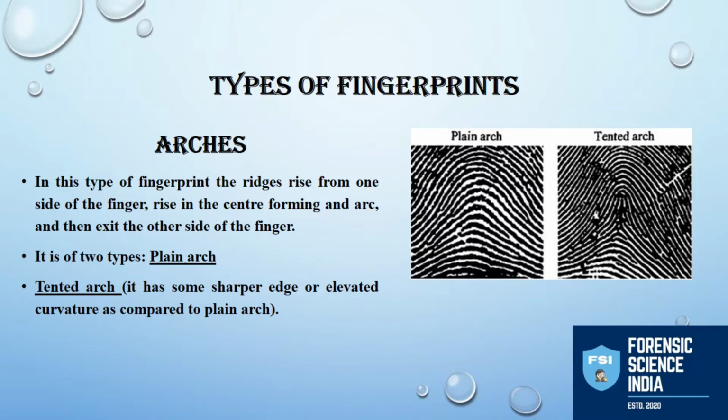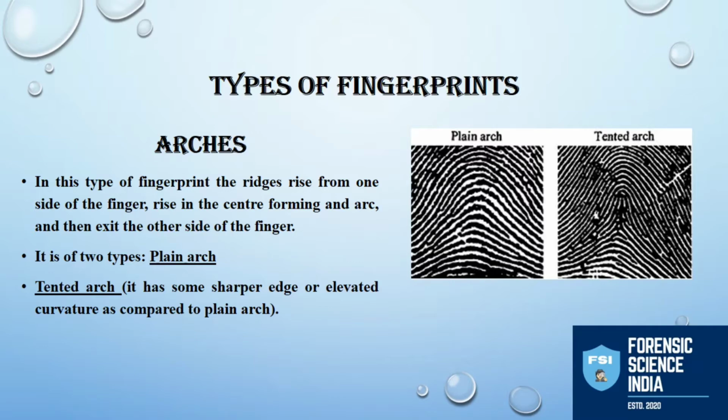The difference is that it has a sharper edge or elevated curvature as compared to plain arch. So the difference is in the center, that is, in this case a sharper edge or elevated curvature is formed in the center as compared to the plain arch. So in case of arch kind of fingerprint, we will not be seeing any kind of delta formation.